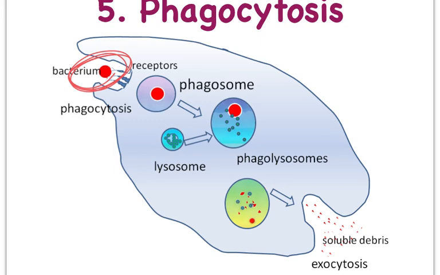And so the pathogen literally gets digested, and then the phagocyte just spits it back out, all the little particles in the form of what we call soluble debris, and they do that by means of exocytosis. So here we see endocytosis at this end, and then we see exocytosis at that end.